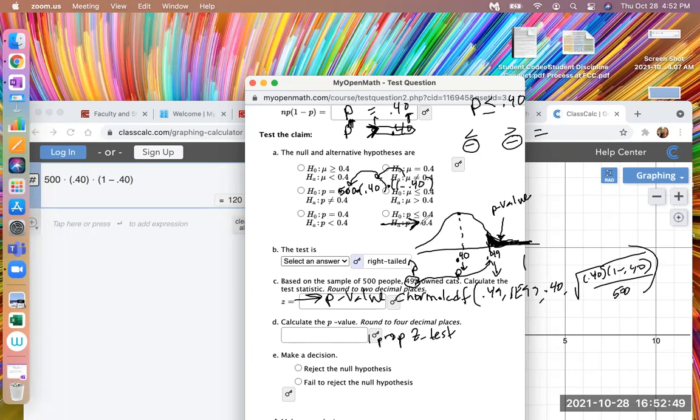Because we put the sample proportion on the graph, we know to shade to the right, because we're trying to find the probability of it being 0.49 or larger. That's the region to the right of 0.49, because as we go from left to right, the numbers are getting larger. So we know this is our p-value. So now that's the picture that we want.